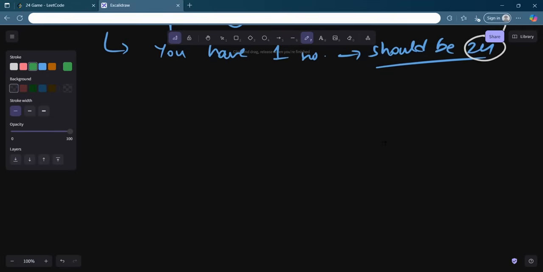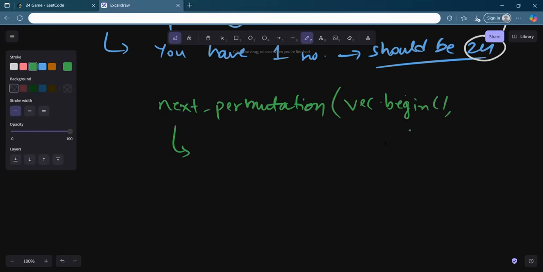It takes an input of vector.begin and vector.end.